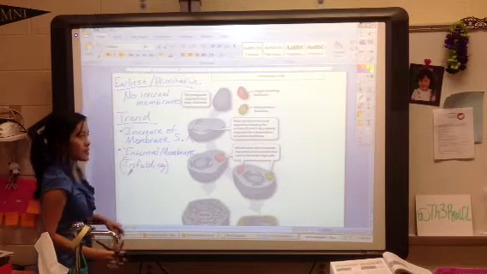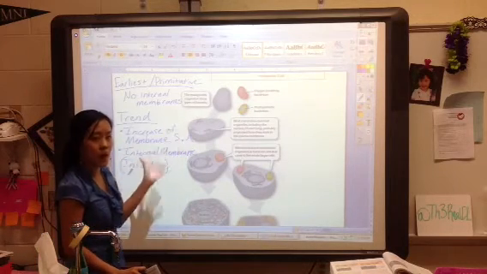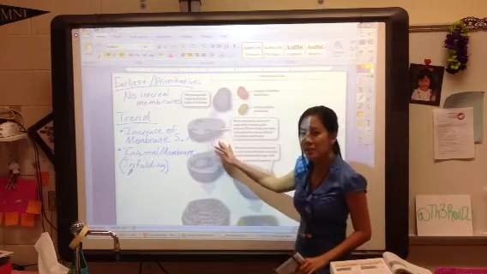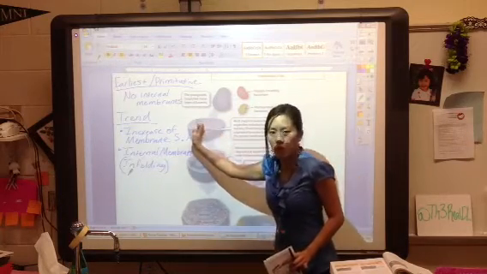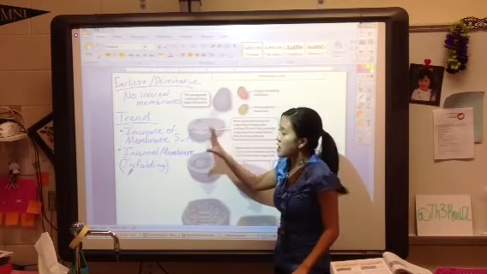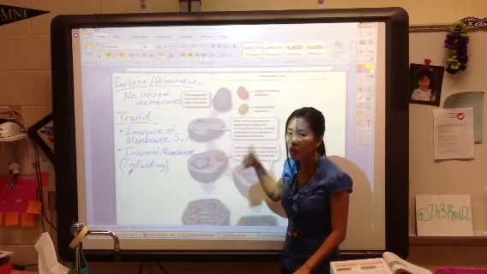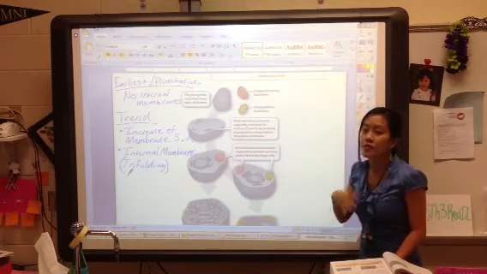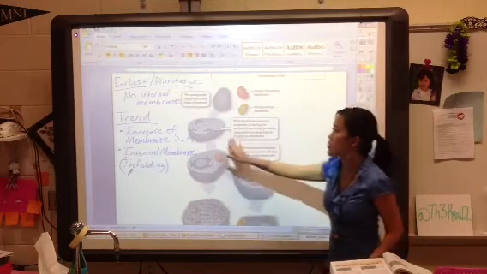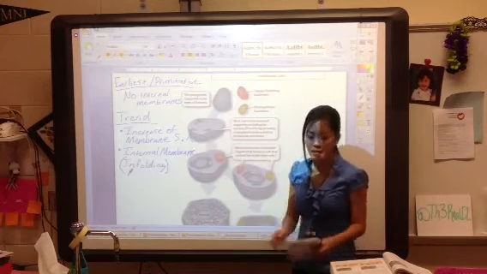What this means is that as our cells became more complex, some of the actual cell membrane or plasma membrane would actually fold inward, creating more surface area within the cell. We're going to talk a lot later on about how that increase in surface area allowed for an increase of work or of chemical reactions to occur. So the more space you had, the more work that the cell could do.